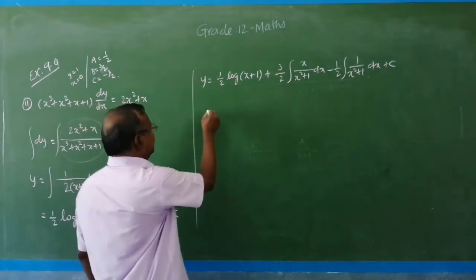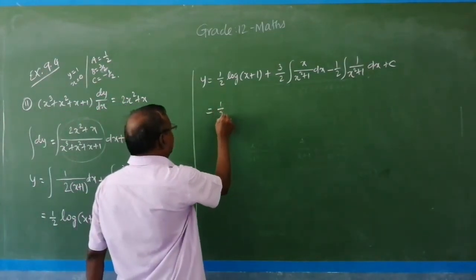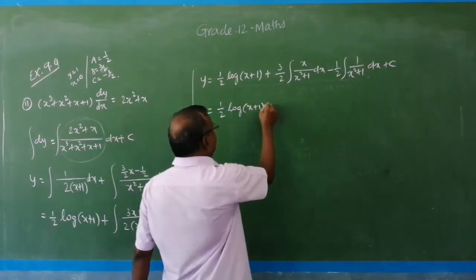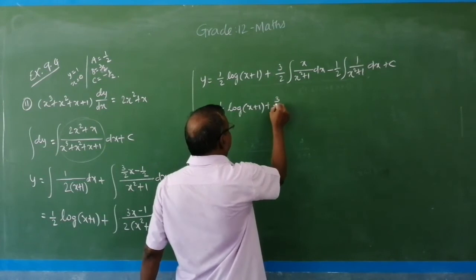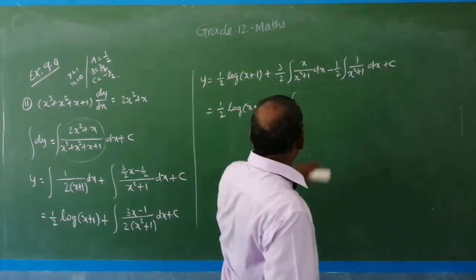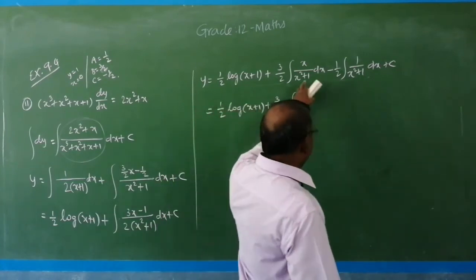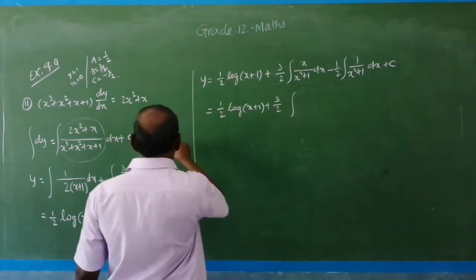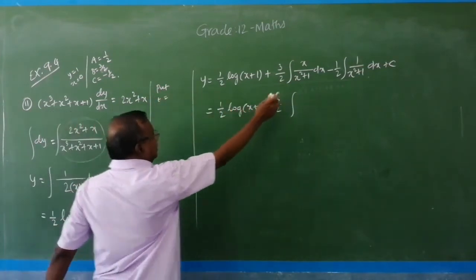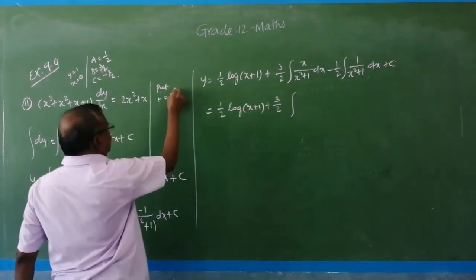Now integrating the remaining part, we have 1 by 2 log of x plus 1 plus 3 by 2 into integral. For this part we need substitution, as we cannot directly integrate. Put t equal to the denominator, x squared plus 1.